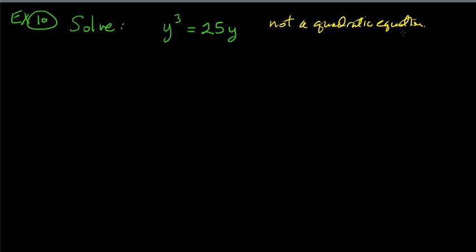Even though it's not a quadratic equation, we can solve this one, and it's done the same way. Standard form, which in this case just means, does it equal 0? Well, no, it equals 25y. So the first step is just to subtract 25y from both sides.